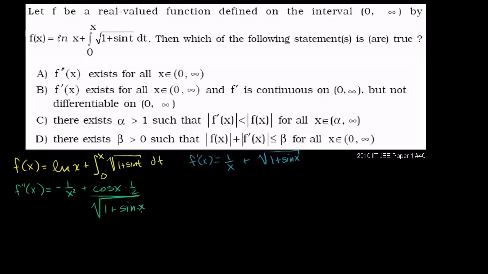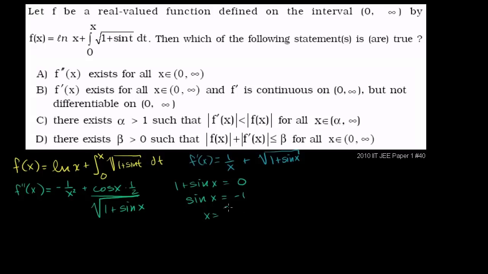If this denominator becomes zero, the second derivative will be undefined. So let's think about when that might happen. It'll be undefined if 1 plus sine of x is equal to 0, which happens if sine of x is equal to negative 1. Going around the unit circle, sine is the y coordinate, so that's negative 90 degrees, or positive 270 degrees.